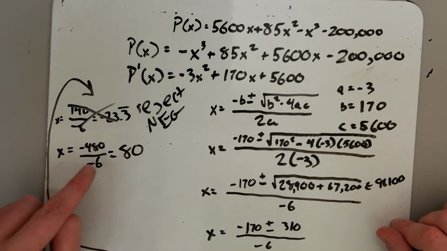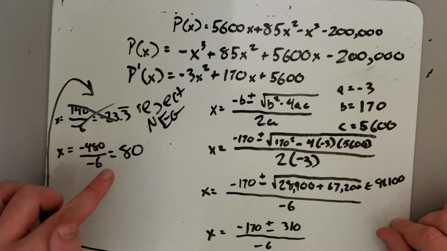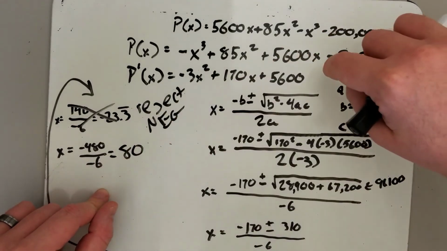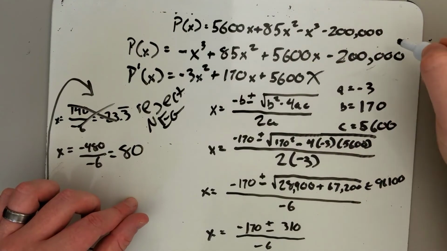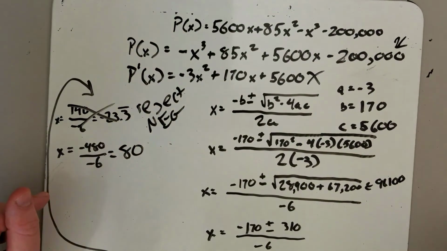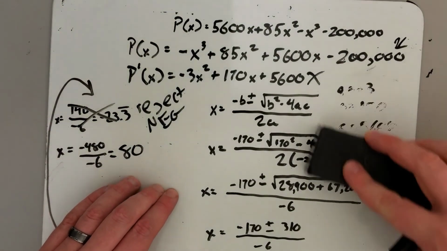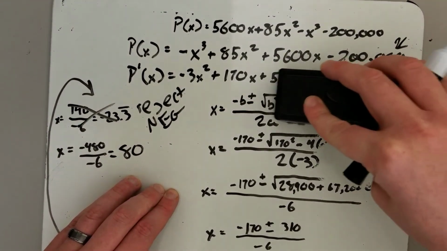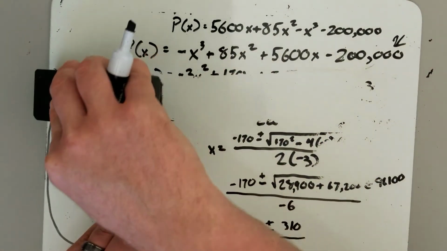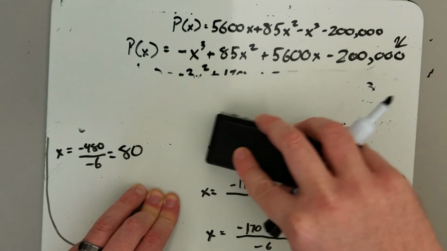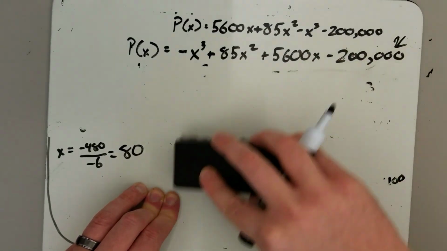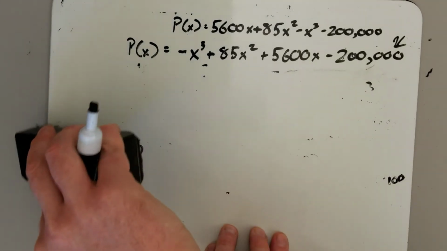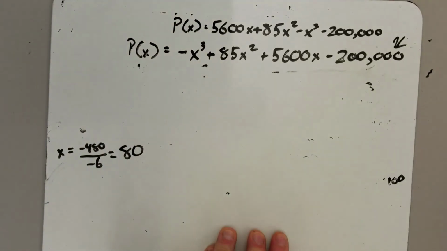Okay. Now, to get the maximum profit, we actually have to plug this number back into our original function. Don't plug it into this function, not this one. You have to plug it into your original function. So we're going to go ahead and erase this, plug it back in, find our maximum profit, and you'll be done with this problem. All right. So let's plug it in.